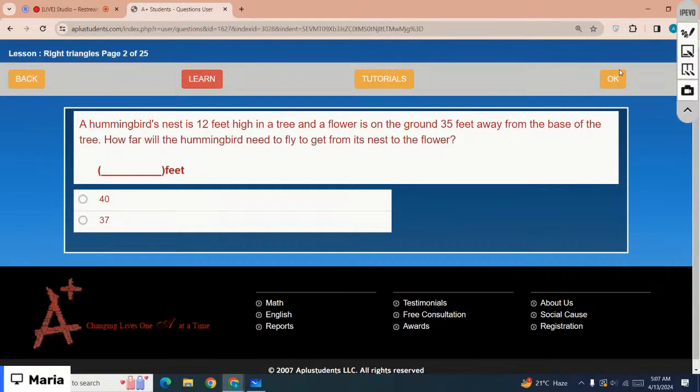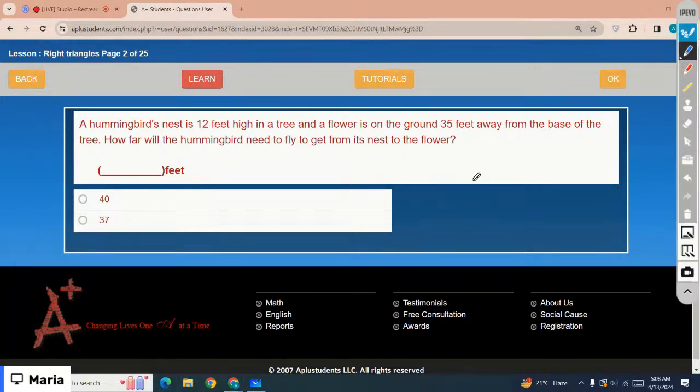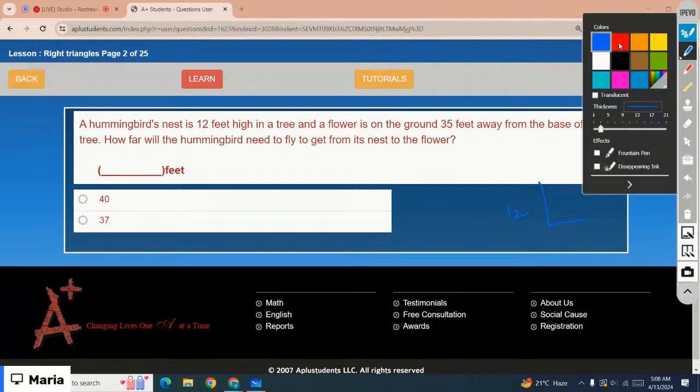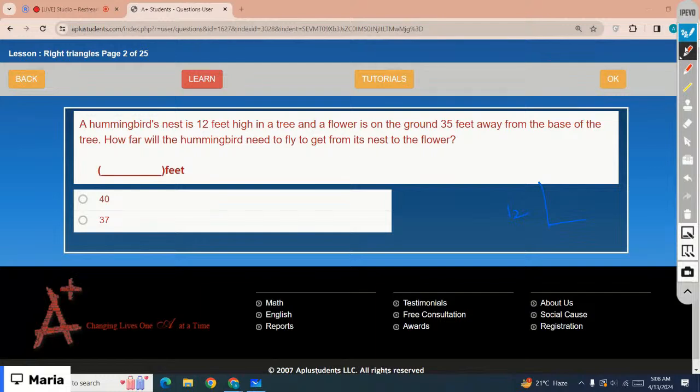A hummingbird nest is 12 feet high in a tree and a flower is on the ground 35 feet away from the base of the tree. How far will the hummingbird need to fly to get from its nest to the flower? Okay, it looks like this. 12, this one is 35 feet, right? You have to calculate the c again, right?